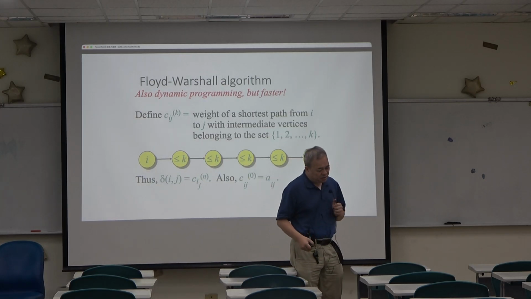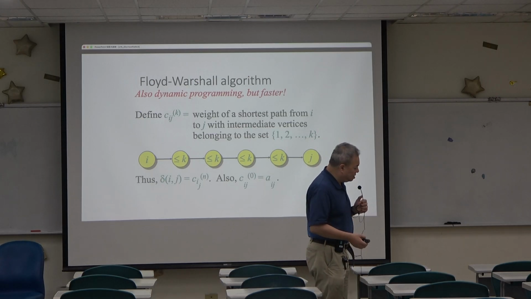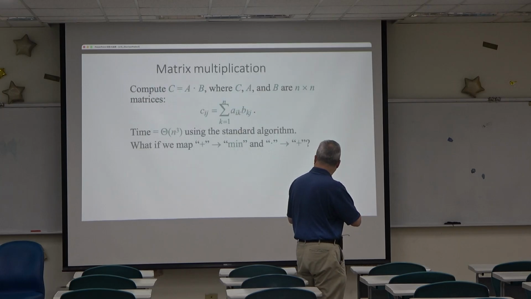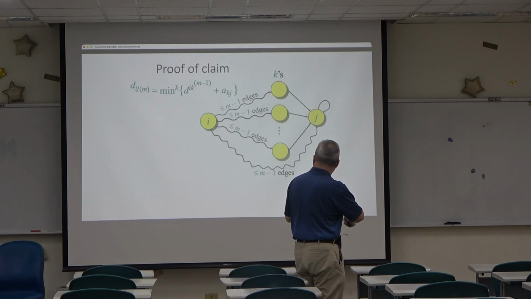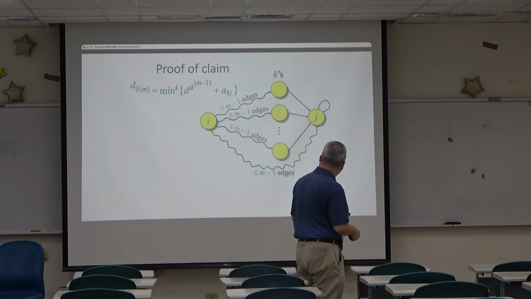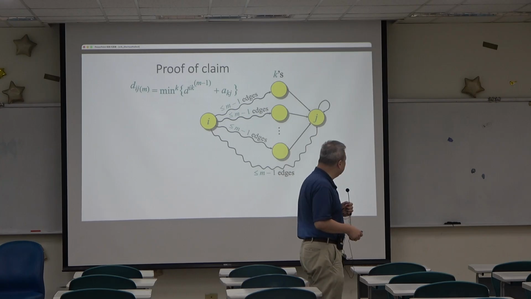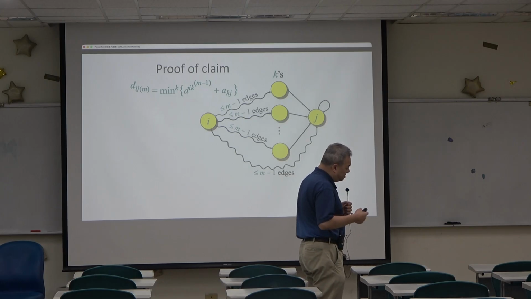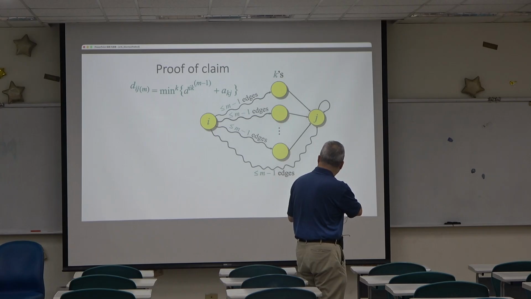The first approach that we talked about last week, it's like this. We basically consider the path from node I to node J that goes through, for example, in this case, n edges.